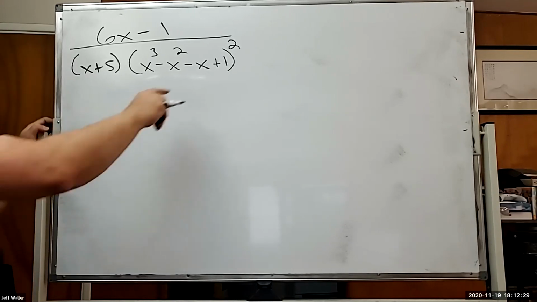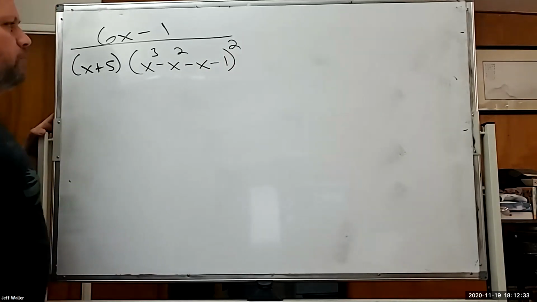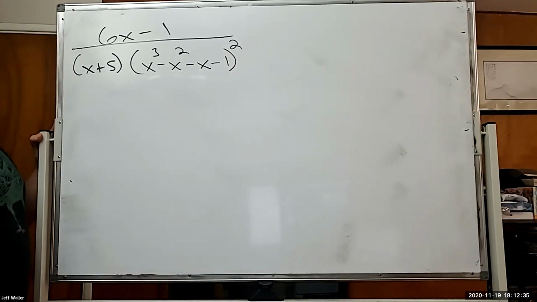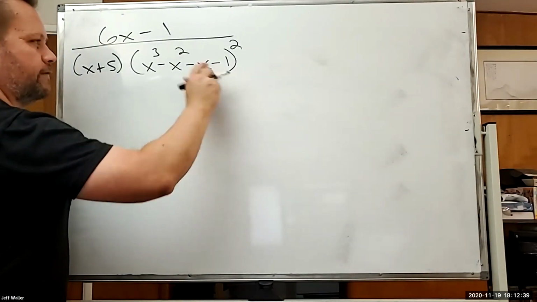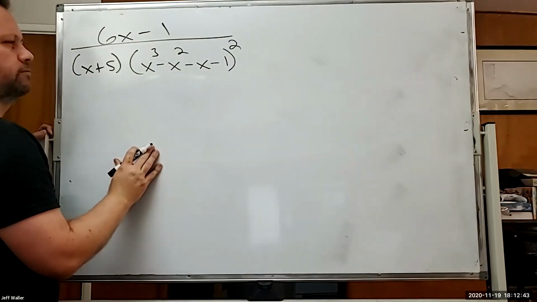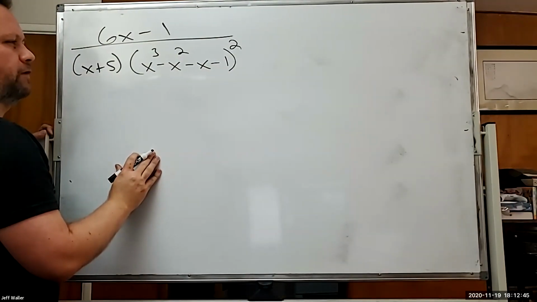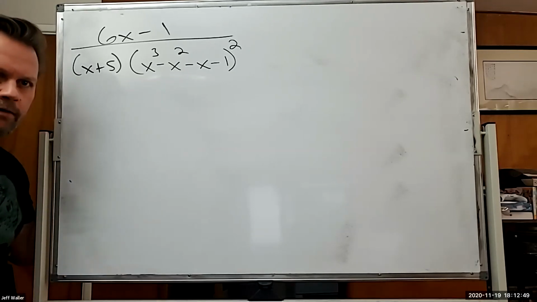Did I make that factorable? I did. I didn't mean to. I don't want that to be factorable. Yeah, okay. So make that a minus 1. Sorry, guys. This is not factorable. I feel pretty confident. It's not factorable. All right.